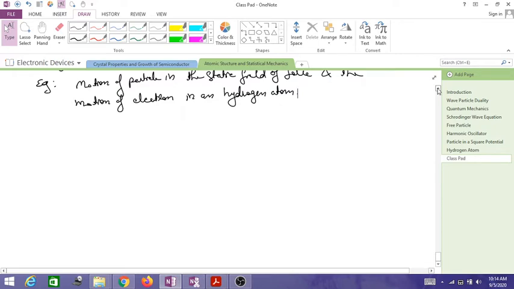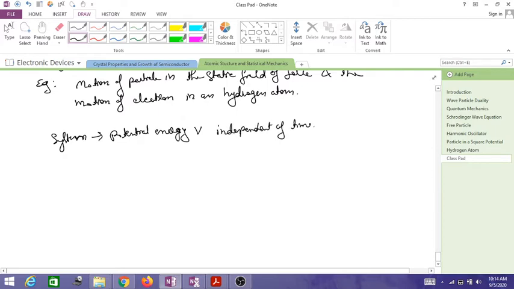In a system like this, the potential energy V is independent of time, then we express the state function not only with the 3-dimension but, since it is independent of time, we can write it along with the time t.